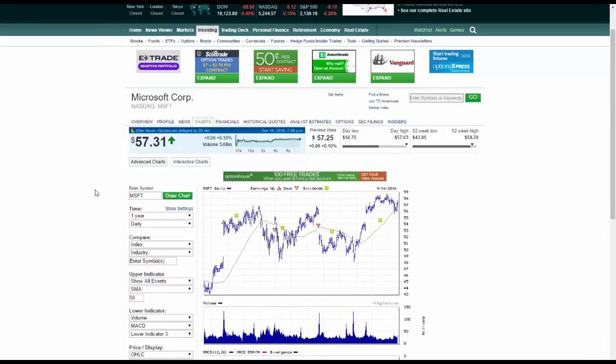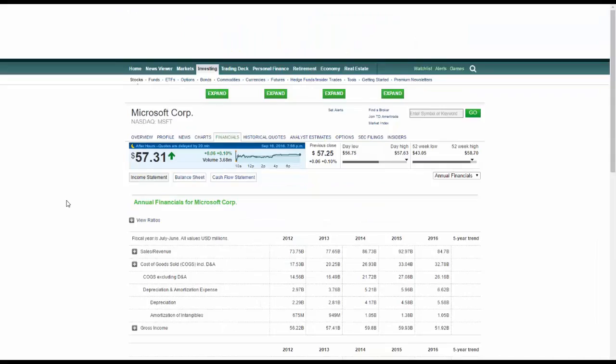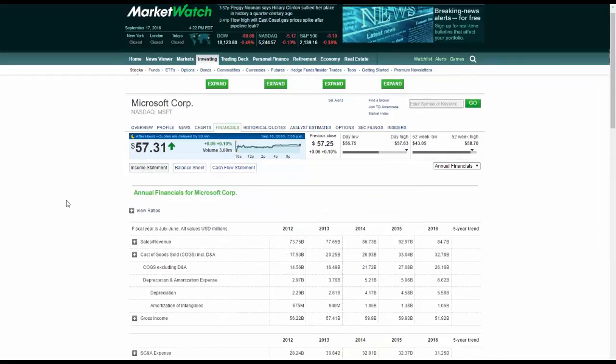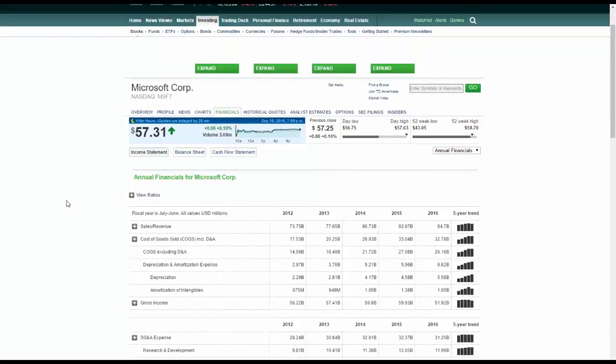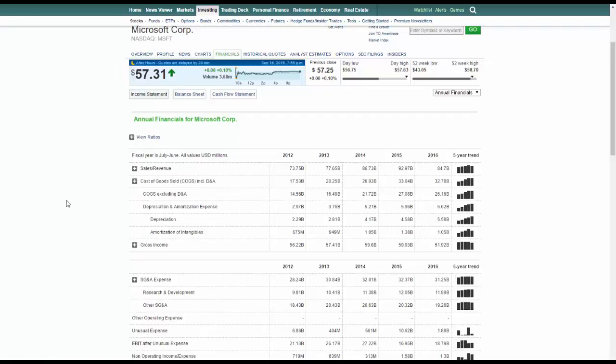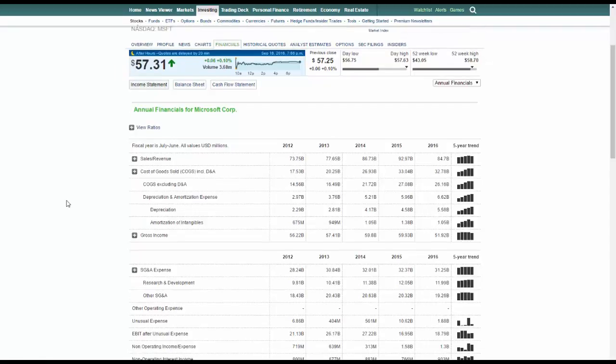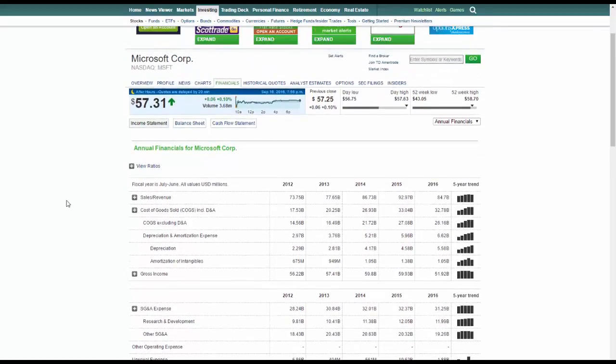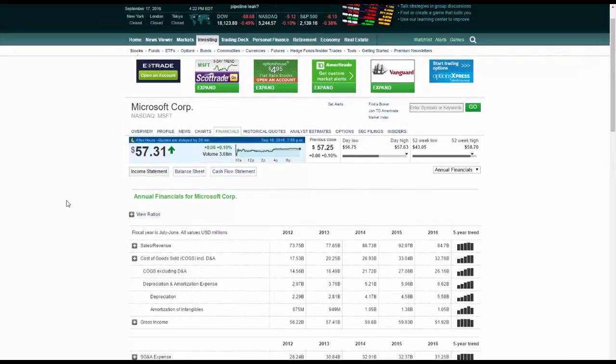The financials is a key piece to evaluating whether you want to buy a stock or not. When we look at the financial statements, this is where we get into what's called fundamental analysis. So there's technical analysis, which is looking at the charts of a stock, and there is fundamental analysis, which is looking at the financial statements of a stock.